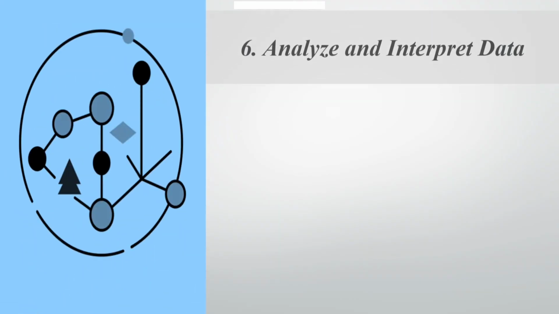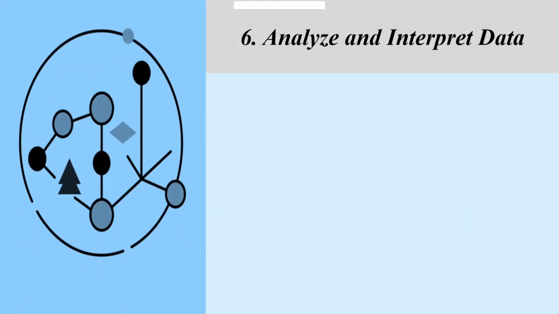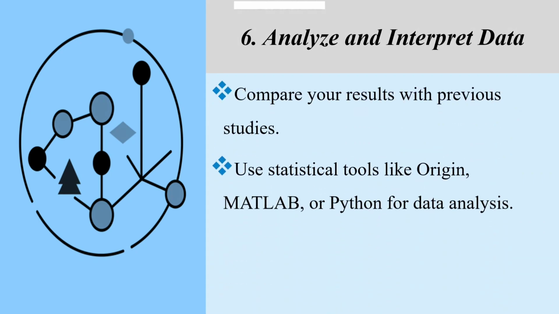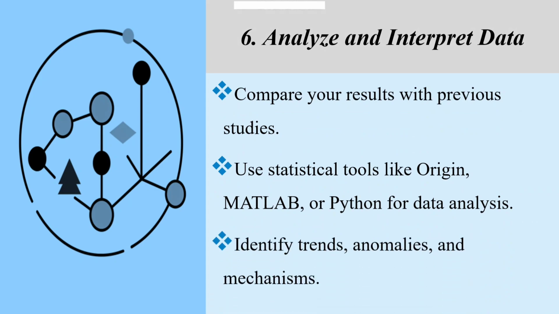And the very next step is that on the basis of the results which we could get from the experiment and simulation, the important thing is that we have to compare the results with previous studies, and then we have to use various statistical tools, maybe Origin, MATLAB, Python for data analysis.